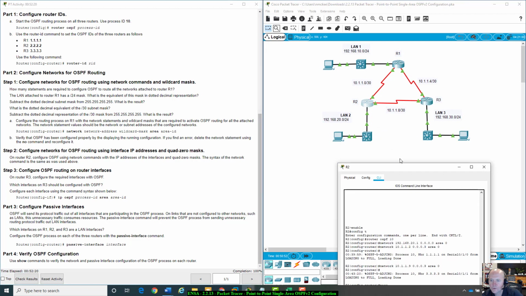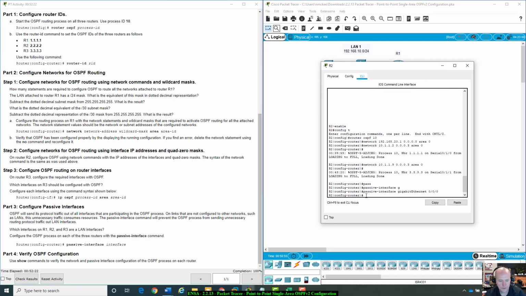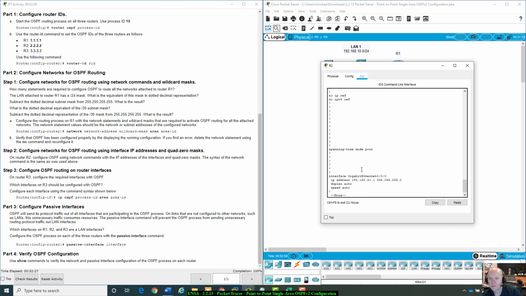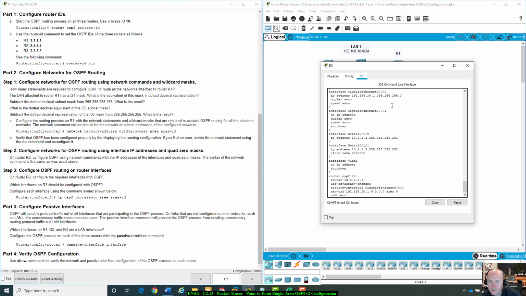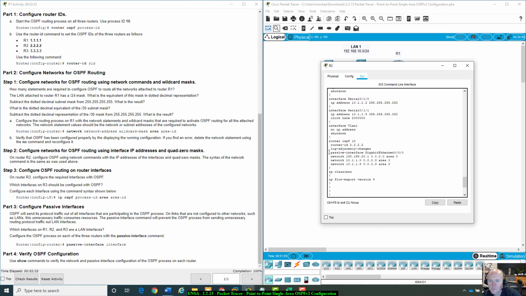Let's do a do show run from here. Notice how these interfaces don't have it like that, but router OSPF 10, router ID is right there. Passive interface is the gigabit interface, and then your networks.